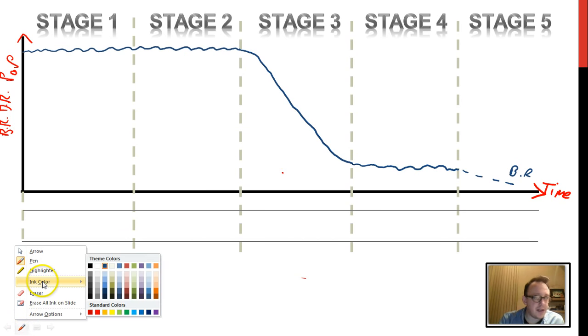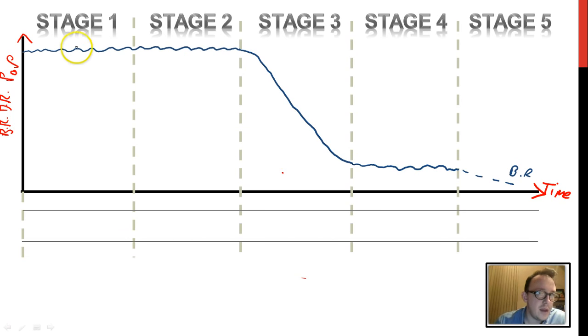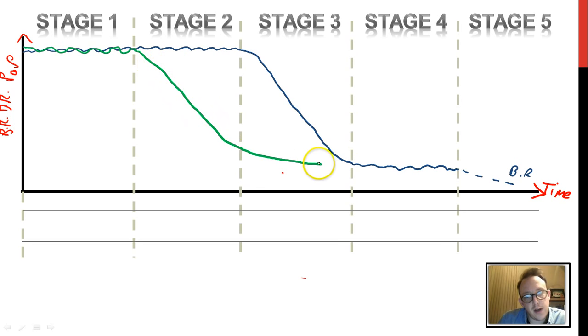Then we'll have a look at the death rates. We'll do death rates in green. So in stage 1, the death rates, like the birth rates, are high and fluctuating. But in stage 2, they start to fall quite dramatically, and they continue to fall a little bit more slowly in stage 3.